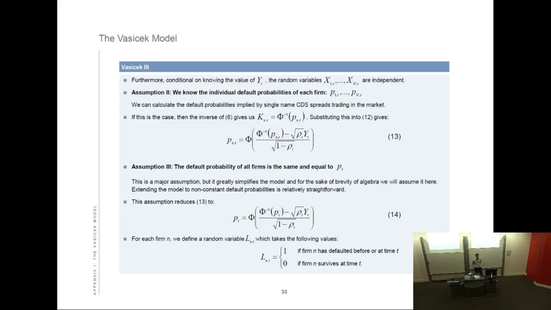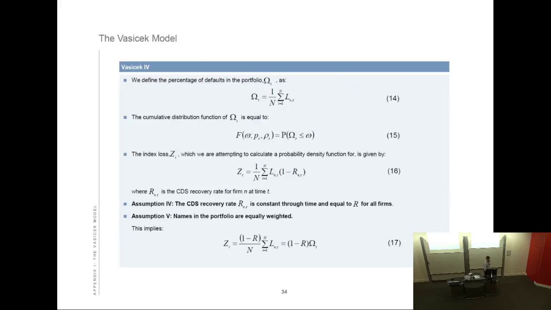And then we define a random variable that jumps when there's a default. That allows us to define effectively the loss process of our portfolio as just the sum of all the jump to default processes, L. Because now omega t, what we've defined here, just counts the number of defaults over time, right?